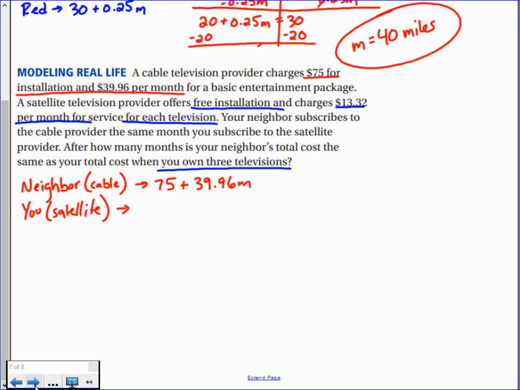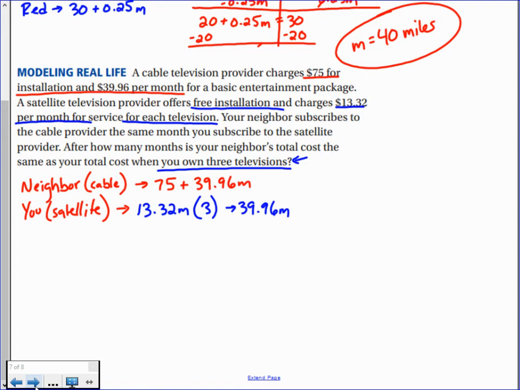You get free installation and $13.32 per month per TV. You own 3 TVs. Okay, so your price is $13.32 per month times 3 televisions. Right? So isn't that actually $39.96 M? 13.32 times 3 is 39.96.